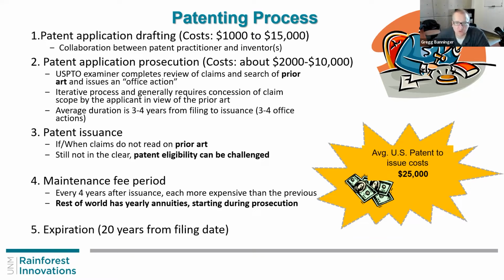The most expensive tends to be Europe because Europe covers around 30 countries. You get prosecuted one time, and then once you get through that, you go into the individual countries that you want. But they also have high fees because they have to spread the money out to the other countries as well.